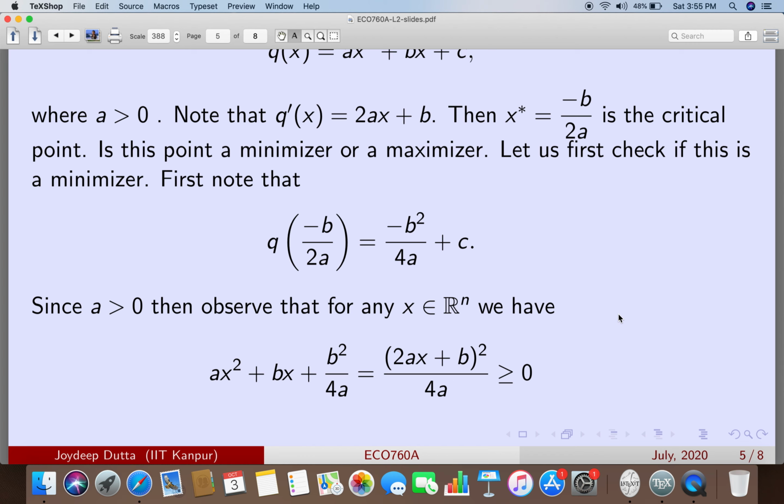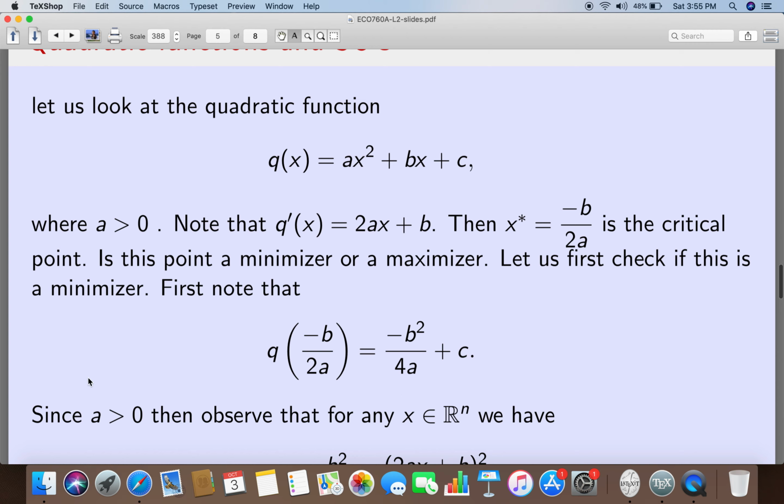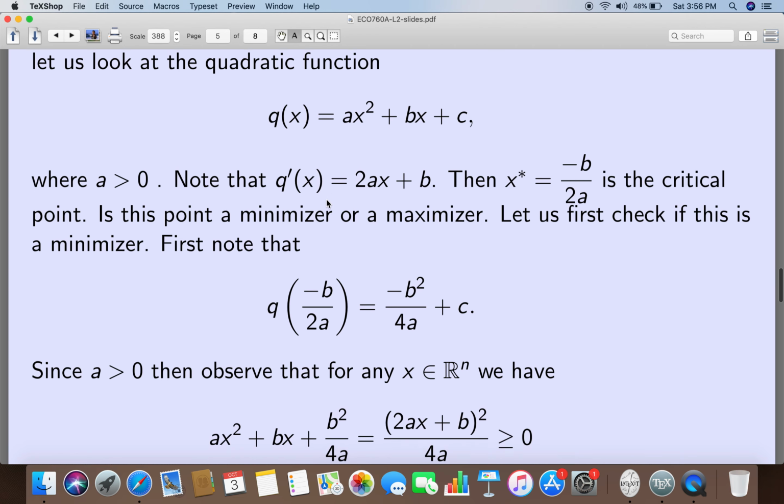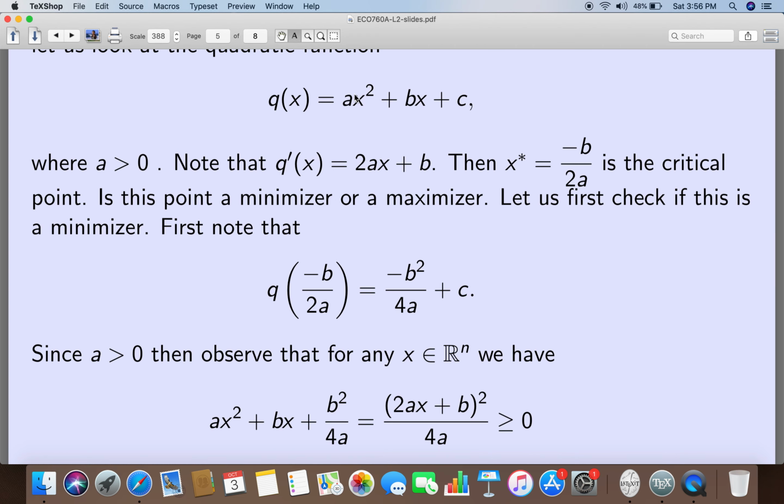This is a very interesting property. There is no other x for which those values would be equal. Now what is a in this case? A greater than 0, what does it signify? If you take the second derivative of the quadratic function q(x), then the second derivative is nothing but 2 of a, because q dash x is 2ax plus b.